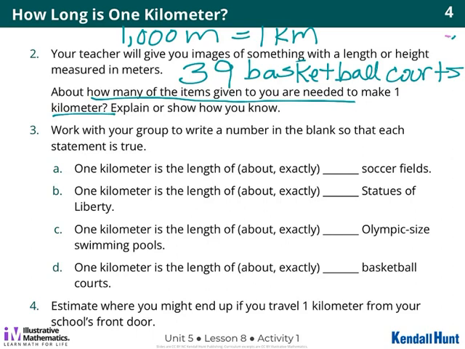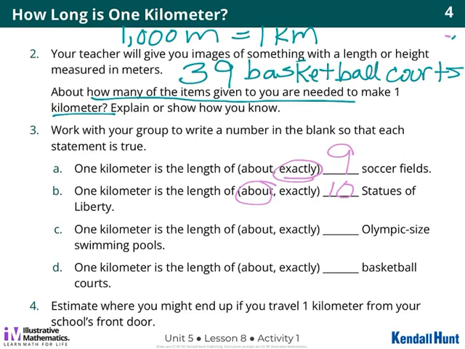Exactly how many? 9. I agree. B, 1 kilometer is the length of about or exactly Statues of Liberty. Riker? About 10. That's an estimate. Very good. 1 kilometer is the length of about or exactly Olympic-sized swimming pools. All right, Charlie.